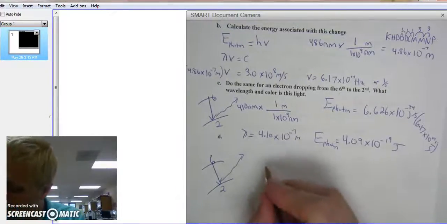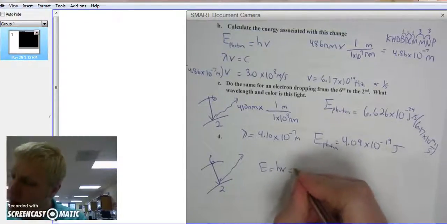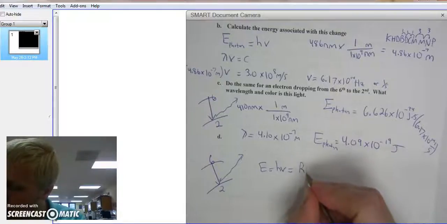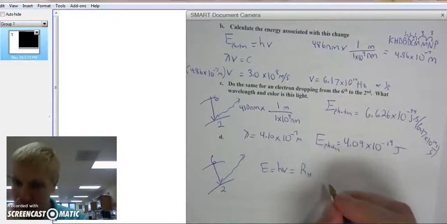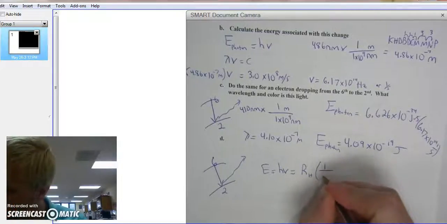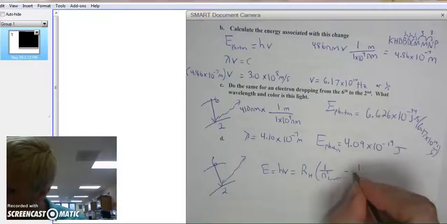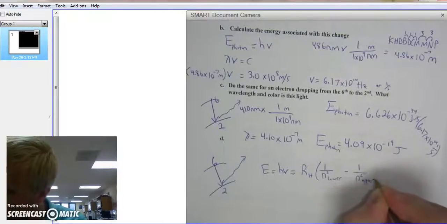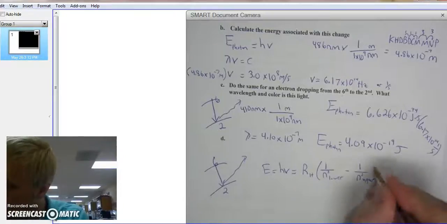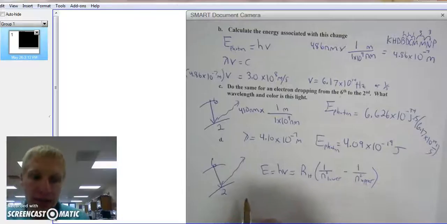The equation is energy equals hv, which also equals the Rydberg constant, a new constant which you'll be given on the test, times 1 over n squared lower minus 1 over n squared upper. And you need to make sure that you have your bigger number minus your smaller number so that it is positive.